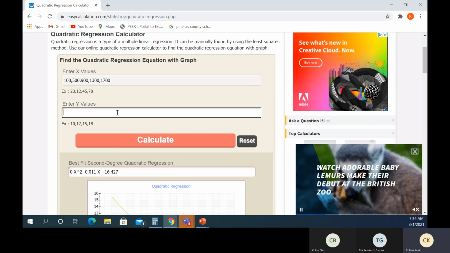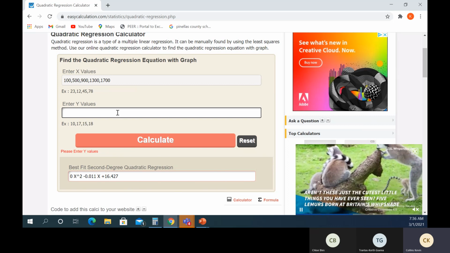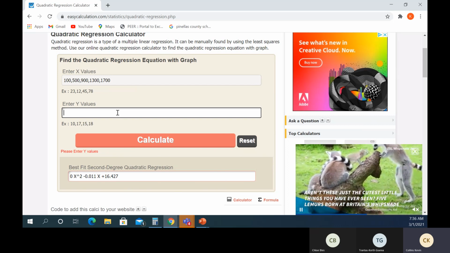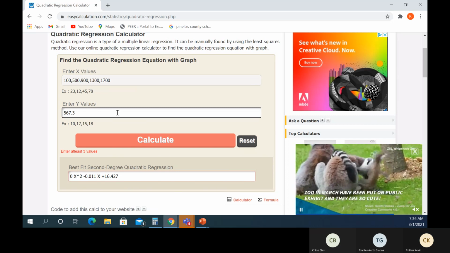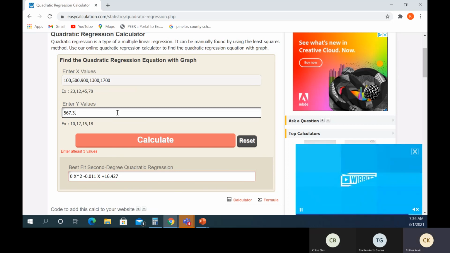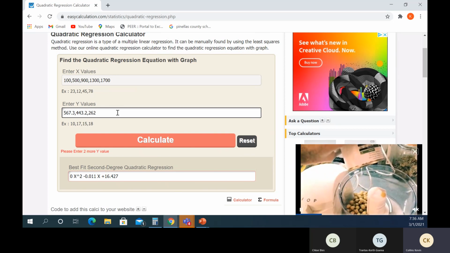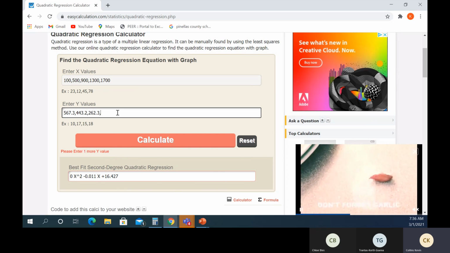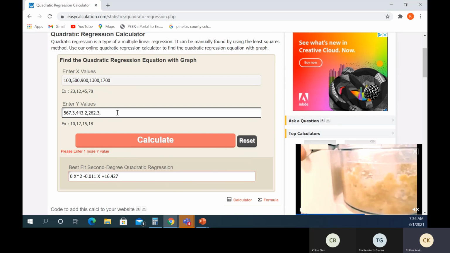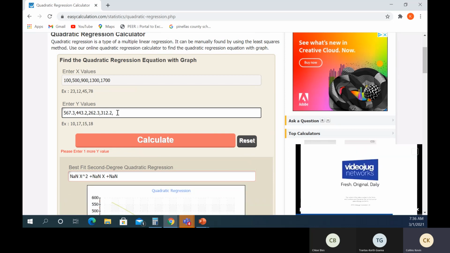And then the bottom guys here. And the .2, and then 362.3, 312.2, and then 307.